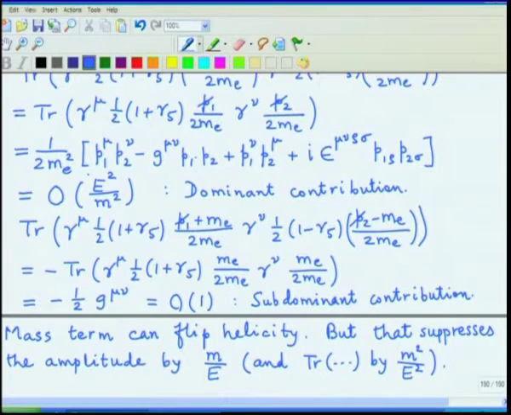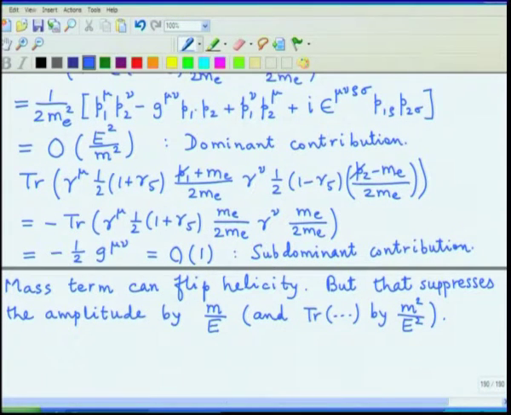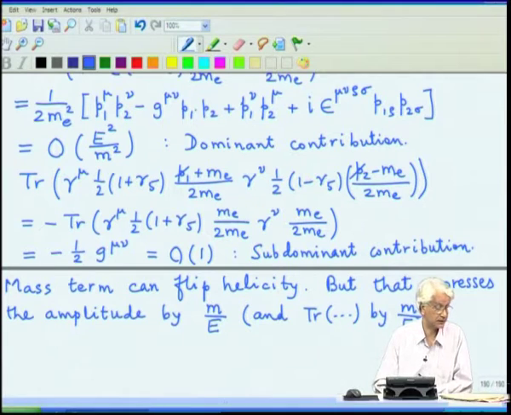And we see that explicitly in the calculation where the allowed helicity combination is larger by a factor of order E square by m square over the unfavored contribution which comes from the mass term flipping the helicity. So, that much for the selection rule, and to do the leading order calculation we will ignore the contributions which are suppressed by factors of mass.